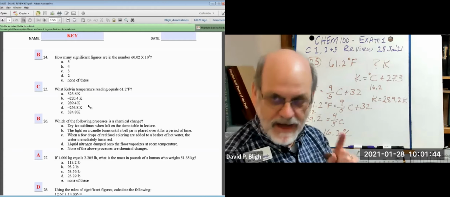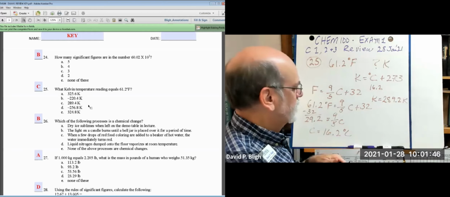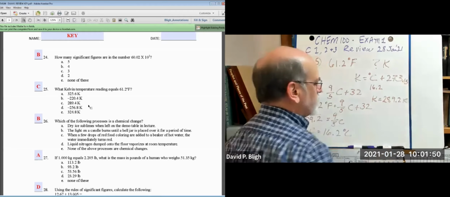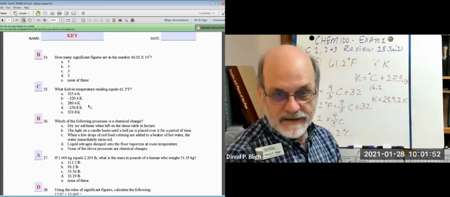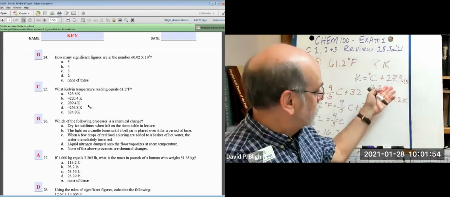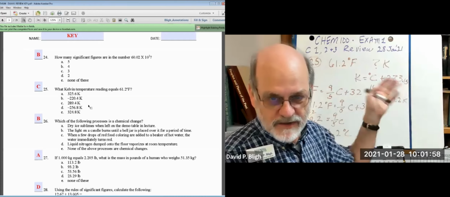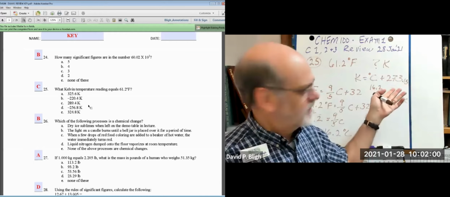Okay, I have an explanation. 273.15, what would that do? If we used a different value, see, I've truncated this number to 273 because that's typically what we use in this class.